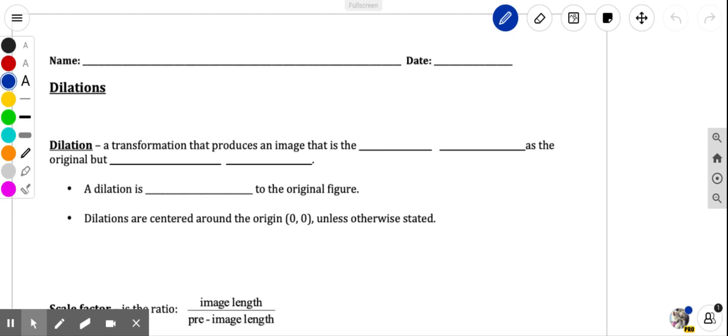So just to define what a dilation is, it's a transformation that produces an image that is the same shape as the original, but different sizes, which may sound very similar to the definition of similar. If you remember from earlier in this unit, where we defined similar figures, they're the same shape but different sizes.